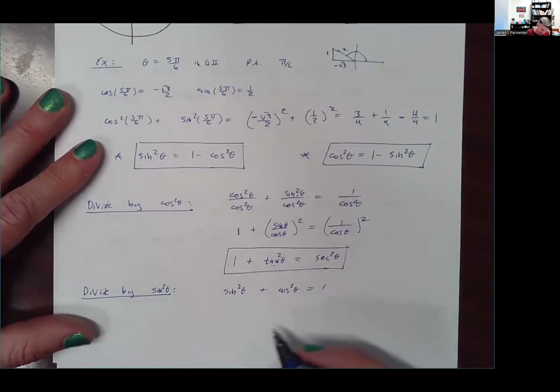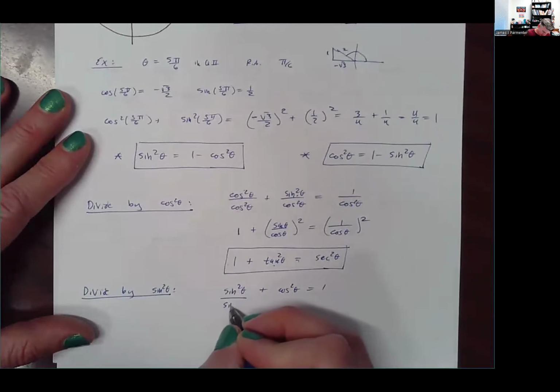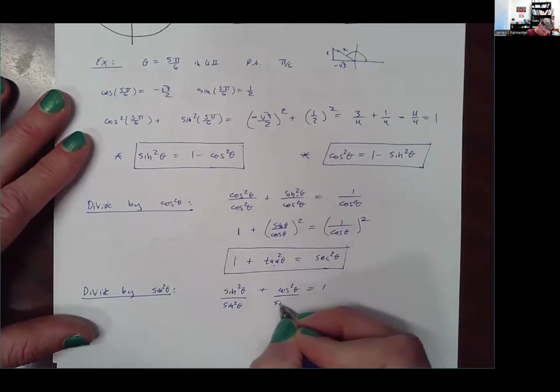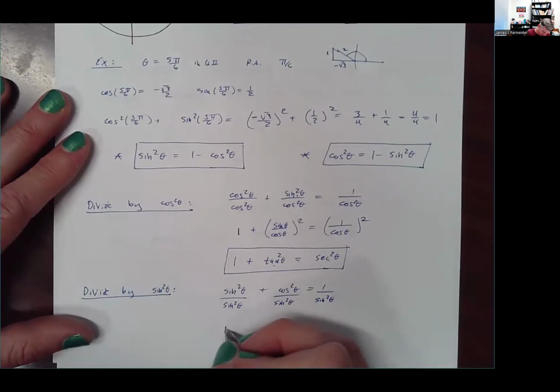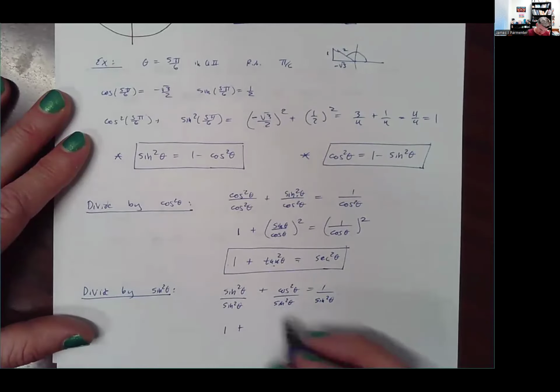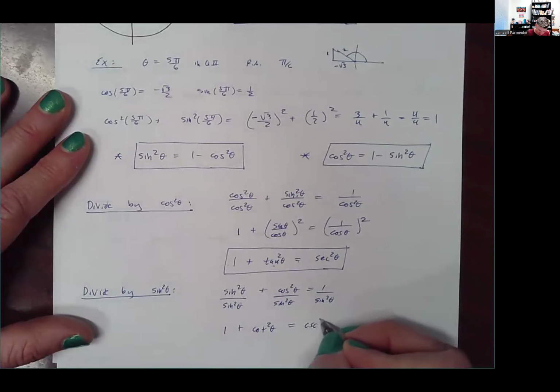So we have sine squared theta plus cosine squared theta equals 1. And if we divide everything by sine squared now, we end up with 1 plus cosine divided by sine is cotangent, so it's going to be cotangent squared theta. And 1 over sine is cosecant, so 1 over sine squared is cosecant squared theta.